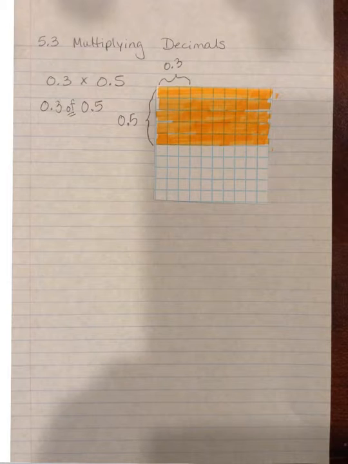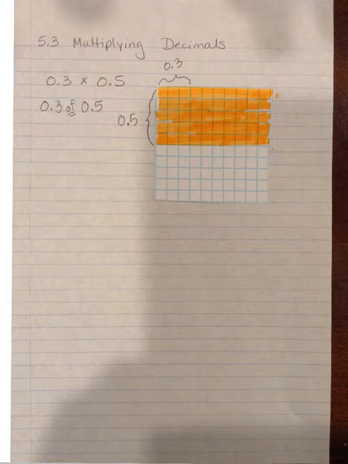of 5/10. So what the book does is they take this model and show you what 5/10 would look like. If you look at 5/10, I highlighted them in orange going across, and you'll see that there are 5 rows highlighted to represent 5/10. Then, if you're going to take 3/10 of 5/10, they want you to shade in 3/10 of the 5/10.